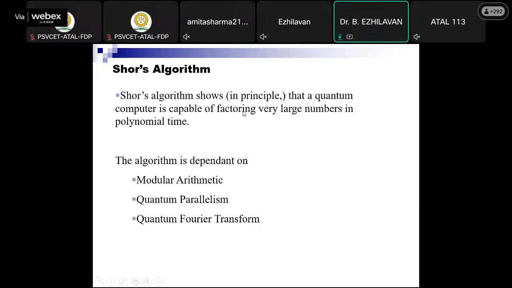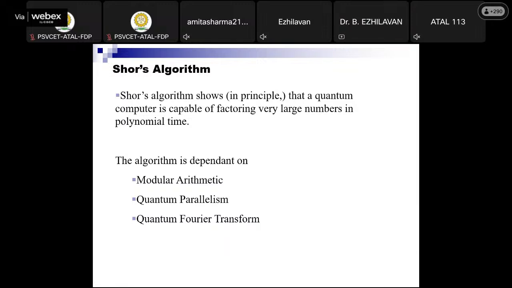Factoring is the important thing for Shor's algorithm. Shor's algorithm shows that a quantum computer is capable of factoring very large numbers in polynomial time. For that we should know modular arithmetic, quantum parallelism, and the quantum Fourier transform. These 3 things we have to know.